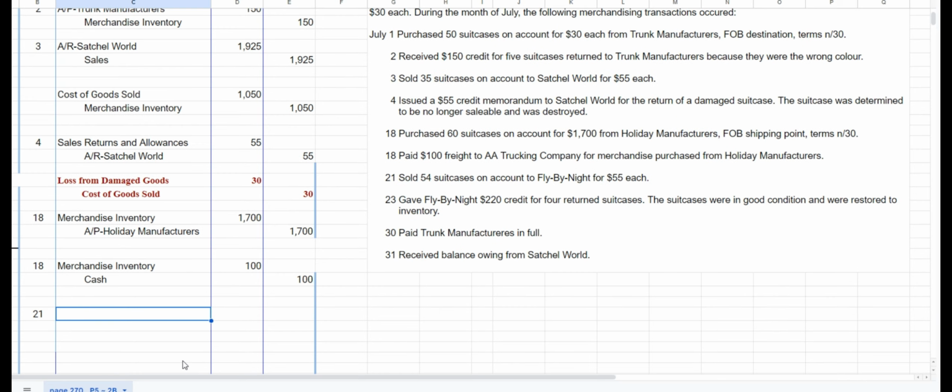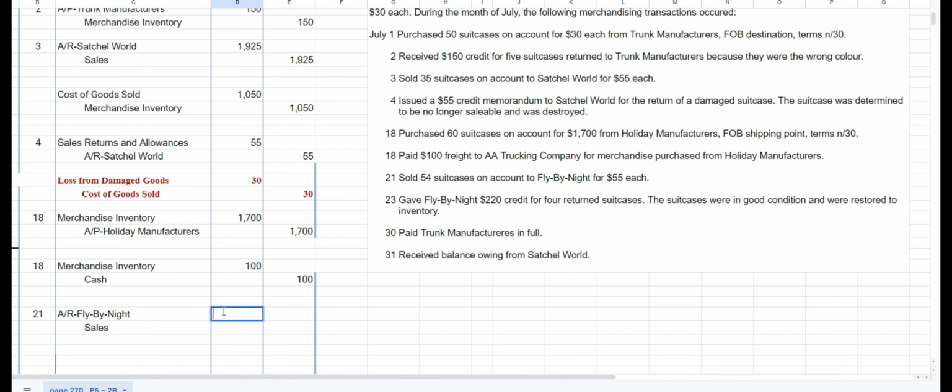Okay, now on July 21, you sold 54 suitcases on account to Fly By Night for $55 each. Again, on account means accounts receivable is going to be debited, this time to Fly By Night, and the credit account is going to be sales, kind of like revenue.